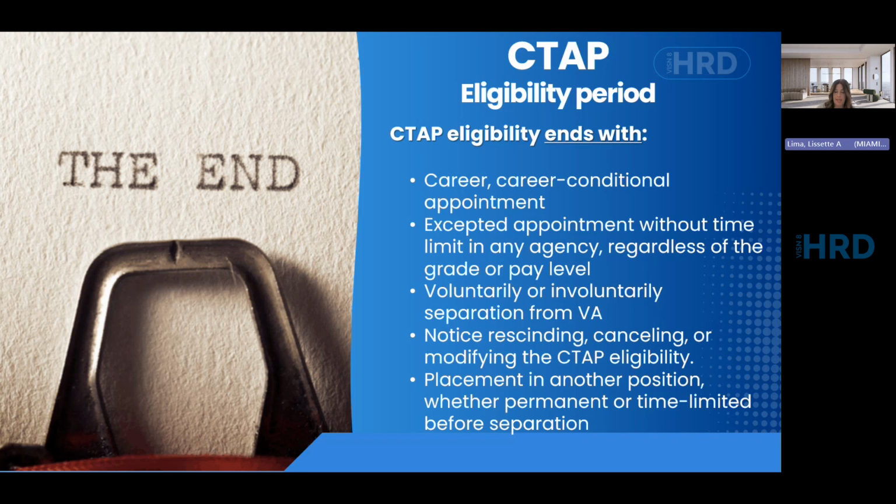Again, if they get a new career conditional appointment, or an accepted appointment without time limit in any agency, regardless of the grade or pay level, if they are voluntarily or involuntarily separated from VA, or if they receive a notice rescinding, canceling, or modifying the CTAP eligibility, or if they are placed into another position, whether it's permanent or time limited. Those circumstances would end the eligibility for CTAP for those employees.